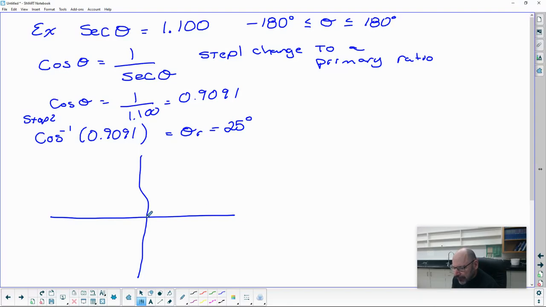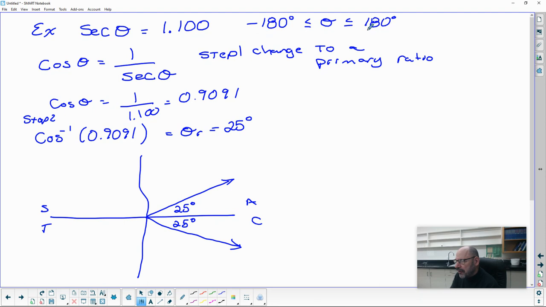Well, it'd be right here and right here. So this is 25 degrees, and this is 25 degrees, because CAST.